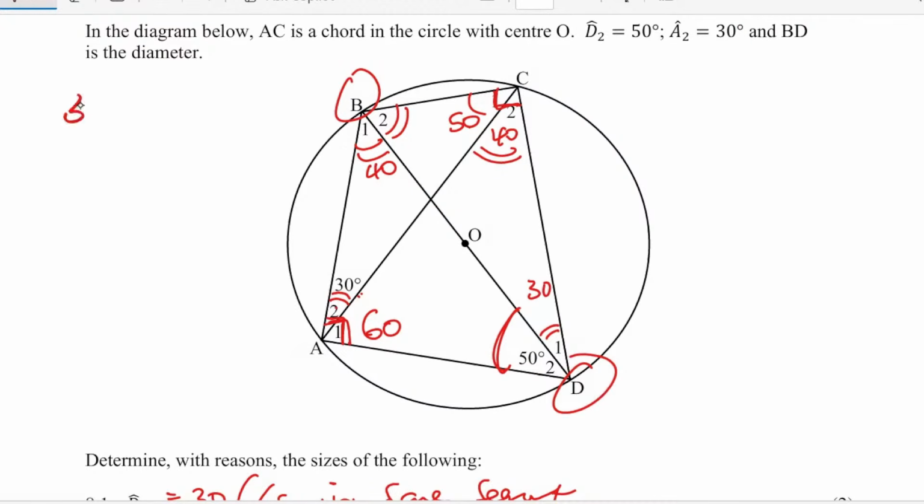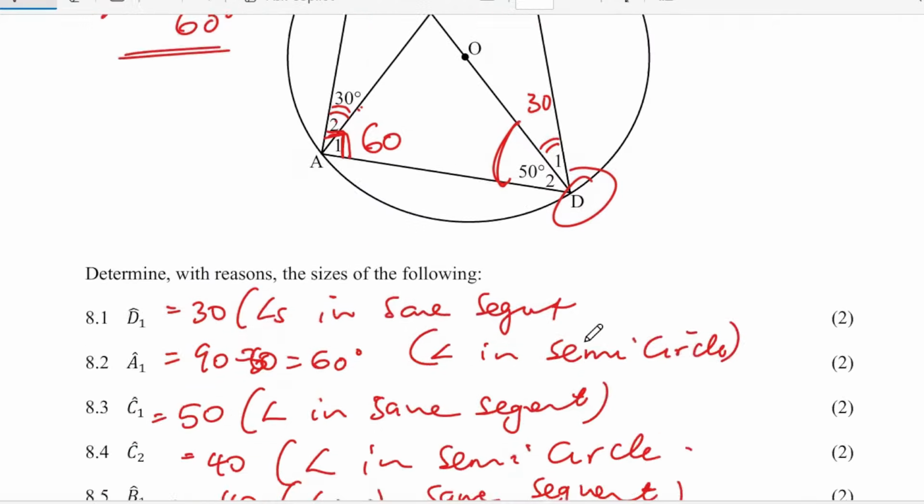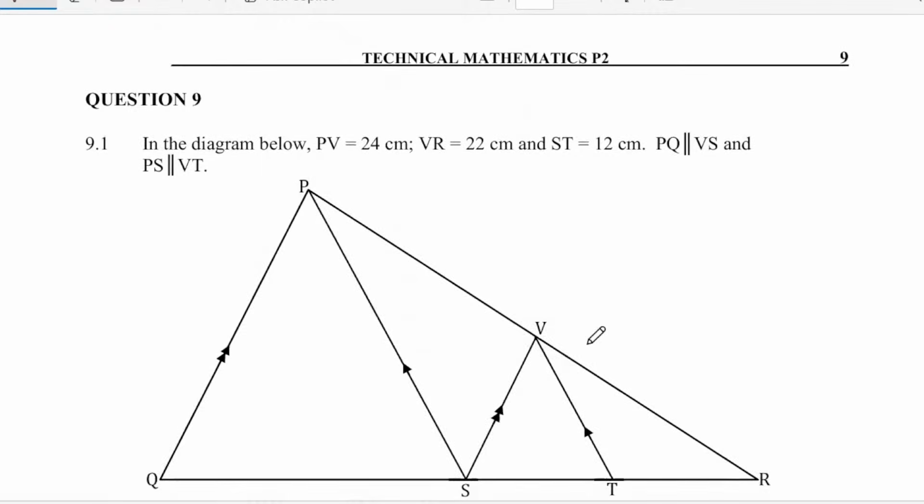So if I look at 30 plus 50 plus 40 plus B2 should give us 180, angles in a triangle. This is 80, 120. So B2 is going to be 180 minus 120, which is 60 degrees. All right, then question number 9.